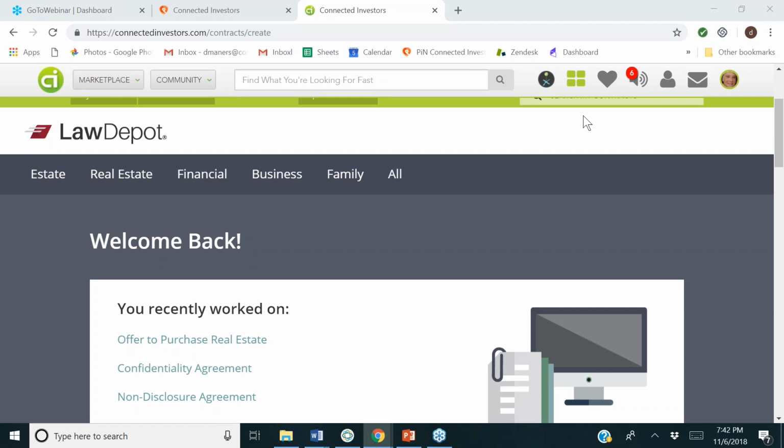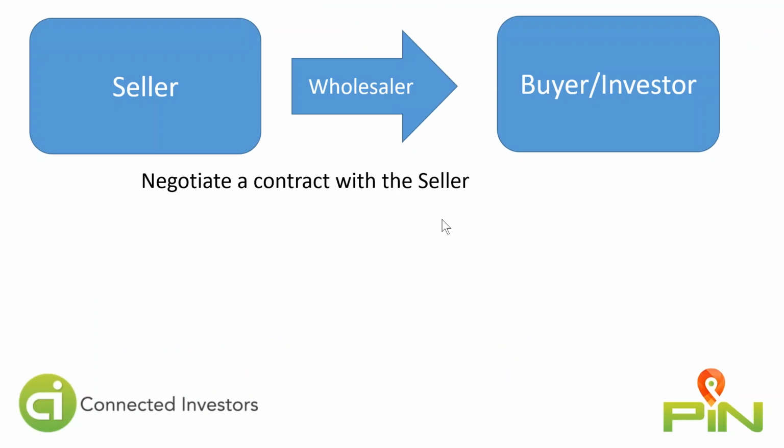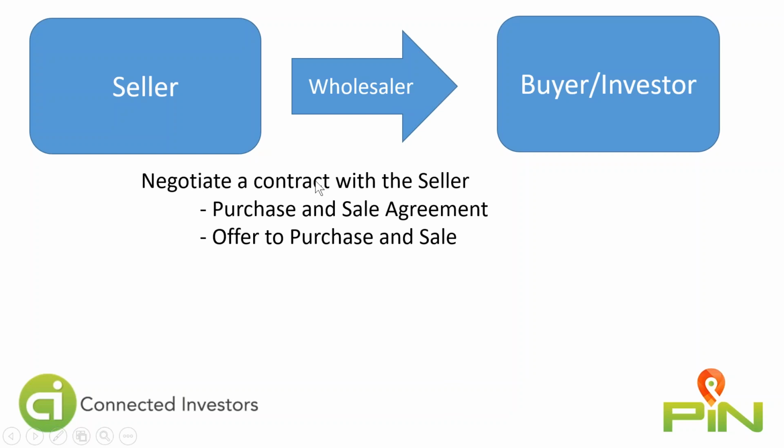So what we're talking about here with the PIN product is you're going to negotiate. You have all the contracts, you have the seller, and I'm going to talk more about that in a second, but you're going to negotiate that contract with the seller, right? That's what you're doing. And then very, very simply put, you're going to use a purchase and sale agreement or an offer to purchase and sell, both of which are in the Contract Genie.